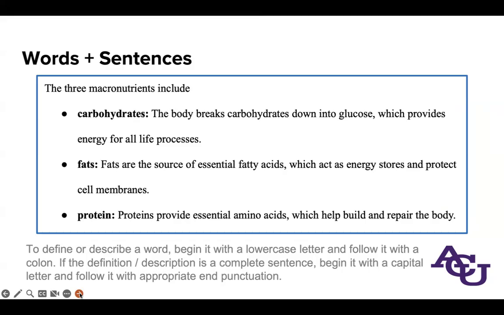Then, because my definitions and descriptions are complete sentences, I have begun those with capital letters and followed them with appropriate end punctuation. In this case, that's a period for all three. So the three macronutrients include carbohydrates, colon. The body breaks carbohydrates down into glucose, which provides energy for all life processes, period. And again, I've made sure to capitalize all three of those sentences and to put periods after all three of those sentences for consistency.